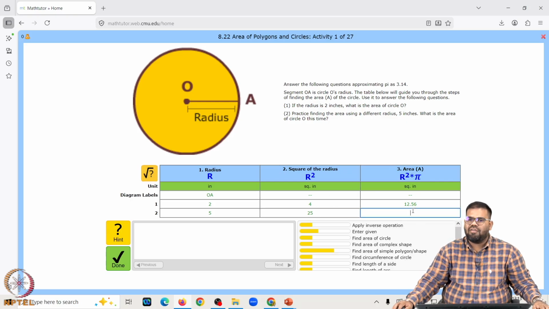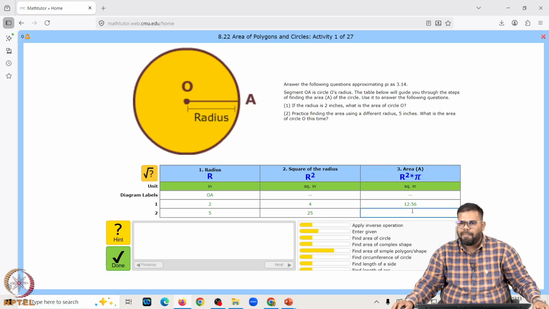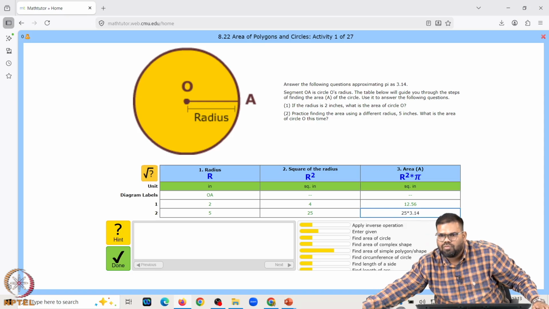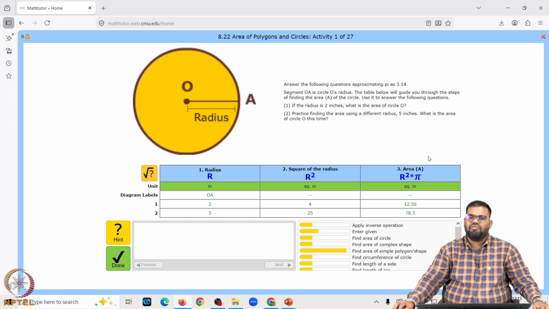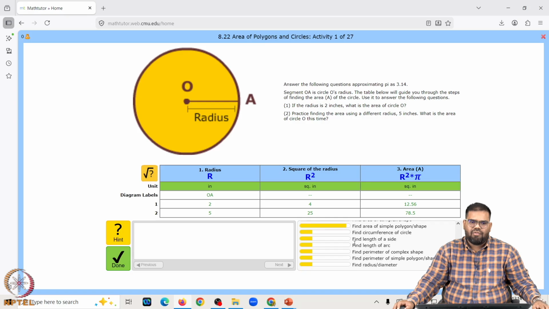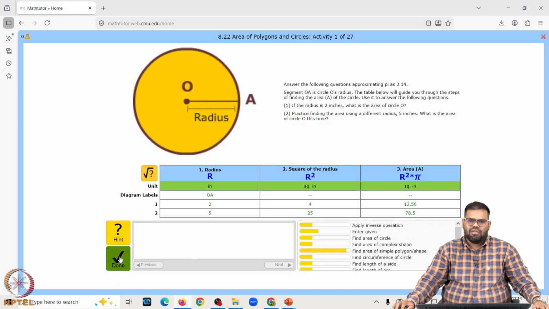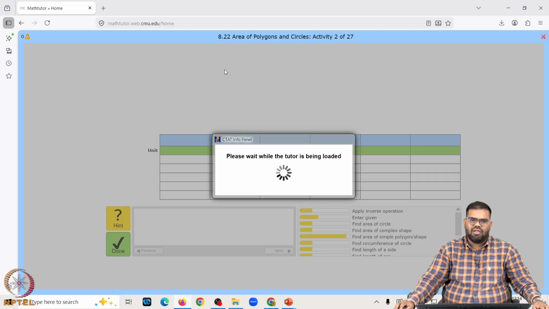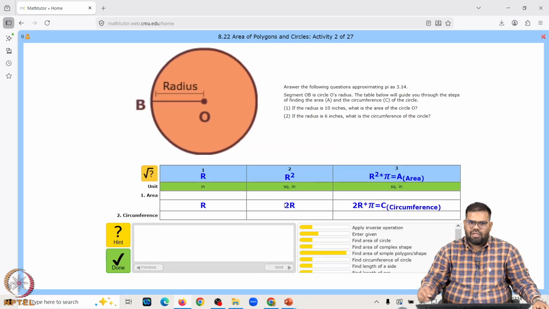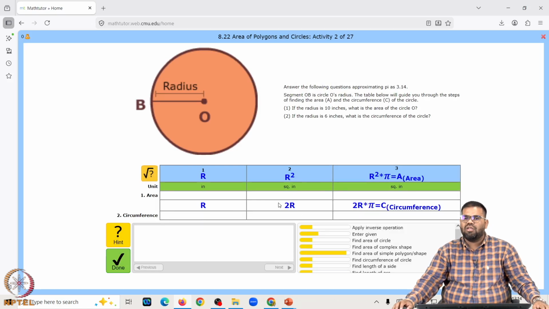Now finally we have to enter the answer. So 25 into 3.14. And finally we got the correct answer. It will show what different skills we have achieved in this particular example. Then finally we can press done. It will take us to the next question, and we can also solve it based on the answer in this worksheet.